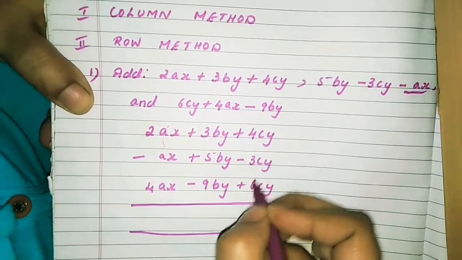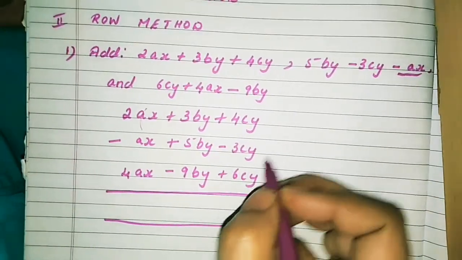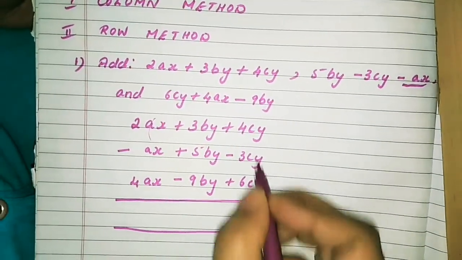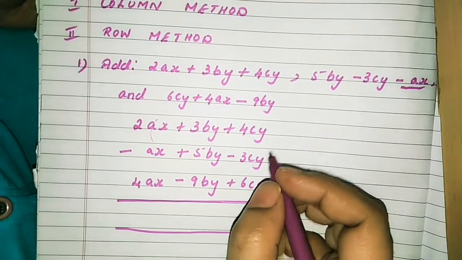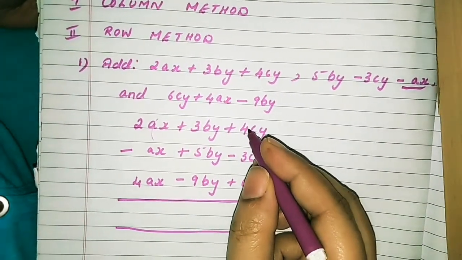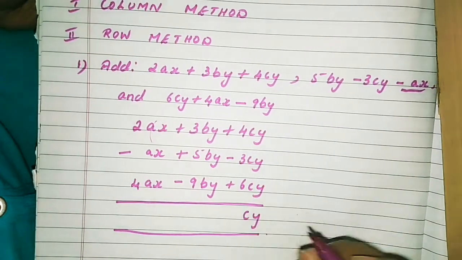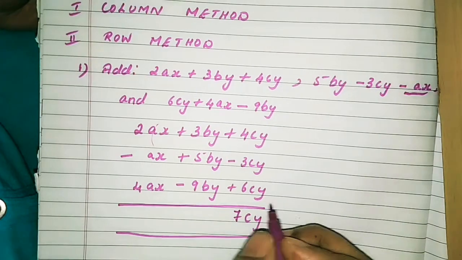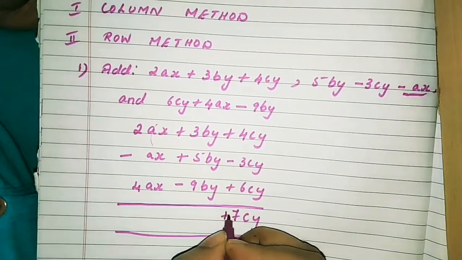Let's add these two together first. So 6 plus 4 gives me 10. Just write the cy as it is. Now let's add the numbers with the same signs first. 6 plus 4 is 10, and 10 minus 3 gives us 7. And the sign is of the bigger number, of course.